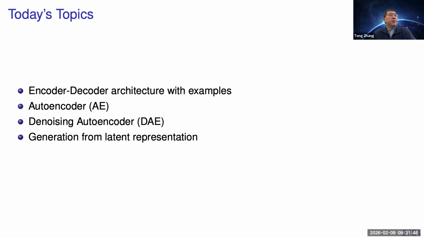Then we'll talk about autoencoder, which is for unsupervised representation learning, and the denoising autoencoder, and show how to use that for generation. This will pave the way for variational autoencoder, which will be the topic next time.